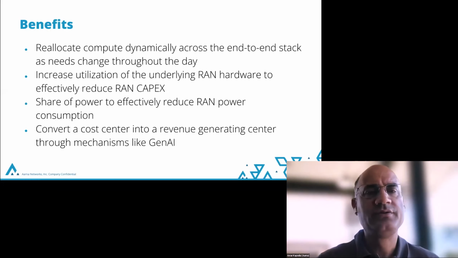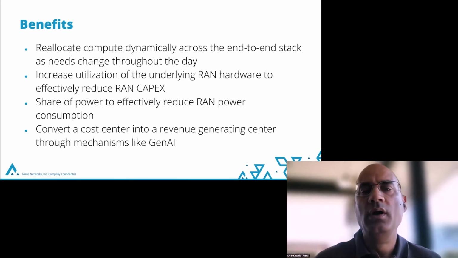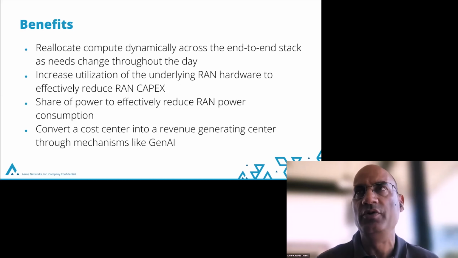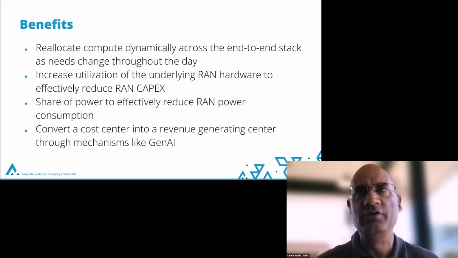Now, the benefits of RAN in the cloud are we can reallocate compute dynamically across the end-to-end stack as the need changes throughout the day. So the example I gave, during the daytime, you have heavy traffic and all your nodes are running DU/CU. The diagram only showed two, but imagine there are many nodes, all of them running DU/CU.